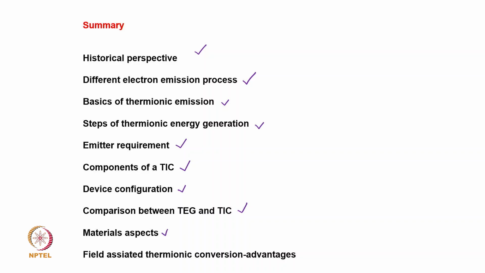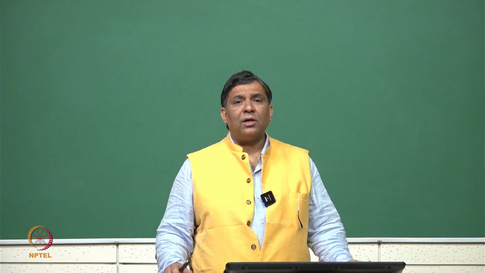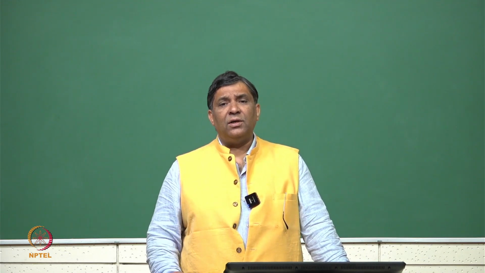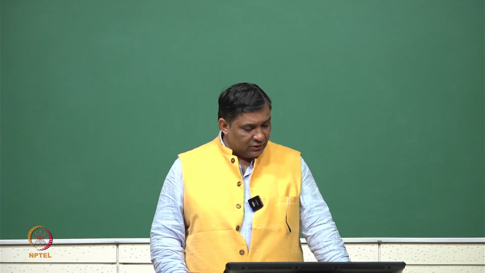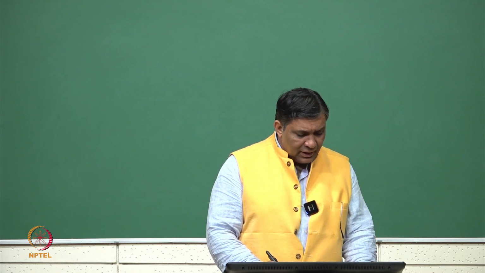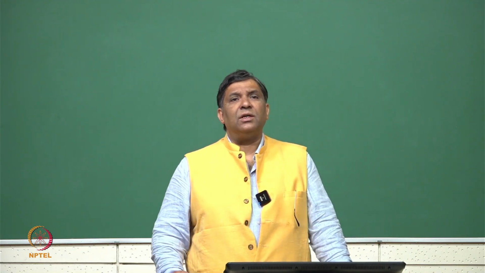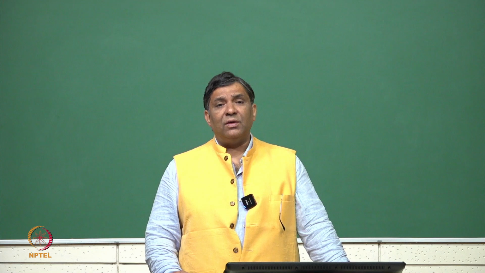Those are essential for a good thermionic emitter. We also have seen certain disadvantages of some material, and that needs to be overcome by the research and the different material design. And then finally, we have seen the field assisted thermionic conversion and its advantages.